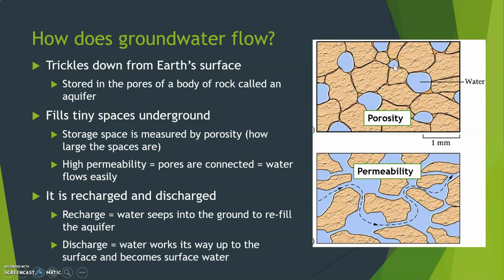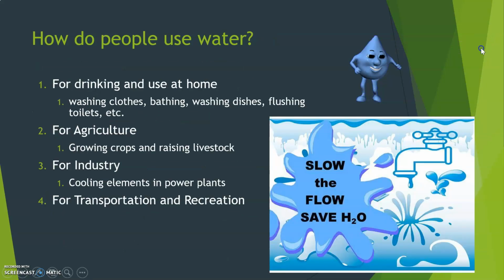If it's a high permeability, the pores are connected and the water can easily flow, meaning it's going to be soaked up kind of like a sponge. It's also recharged and discharged. If it's recharged, the water is going to seep into the ground and refill that aquifer, meaning anytime it rains, the water soaks into it and it goes back into that water supply. Discharge is when water works its way up to the surface and it becomes surface water.